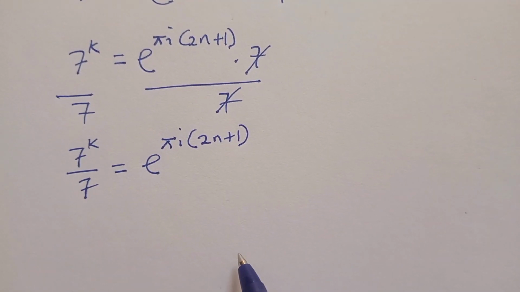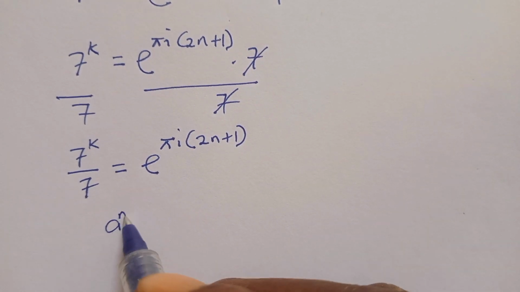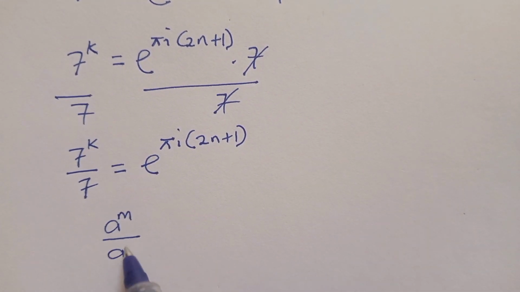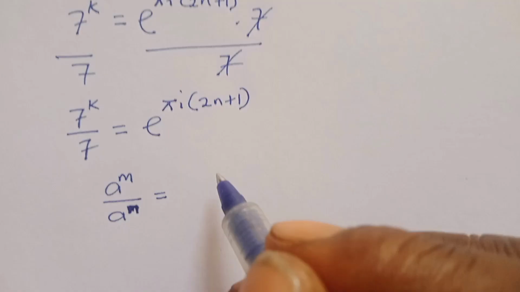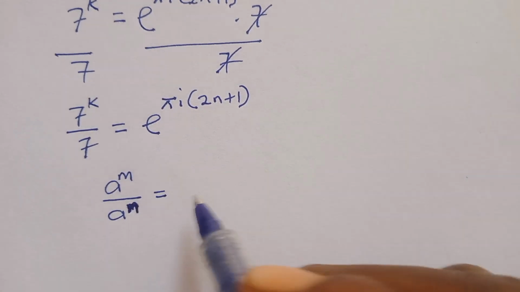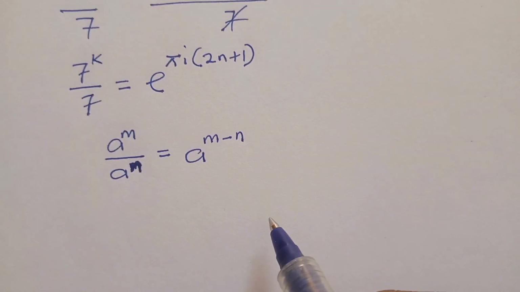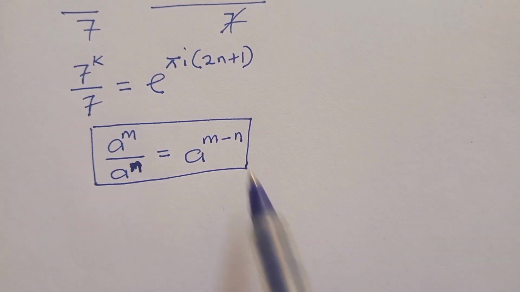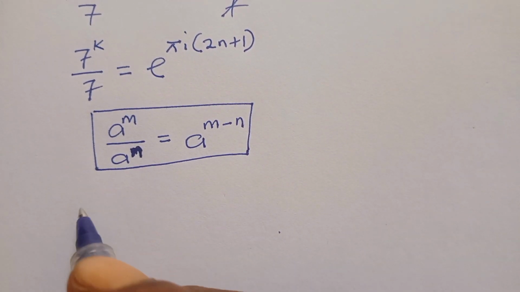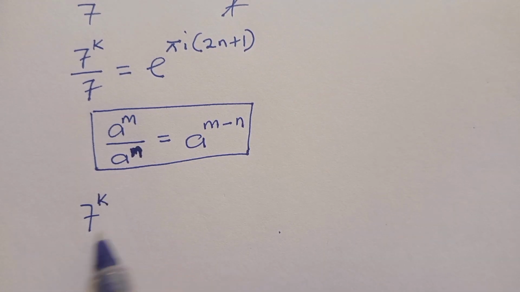Now, don't forget, according to the law of indices, if you have a to the power of m divided by a to the power of n, this can simply be written as a to the power of m minus n. Let's apply this to our expression. We have 7 to the power of k divided by 7 to the power of 1.